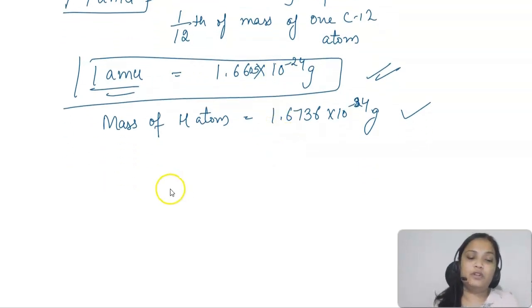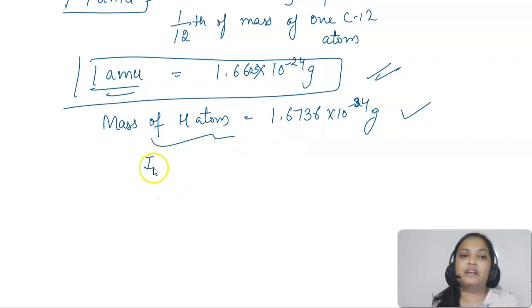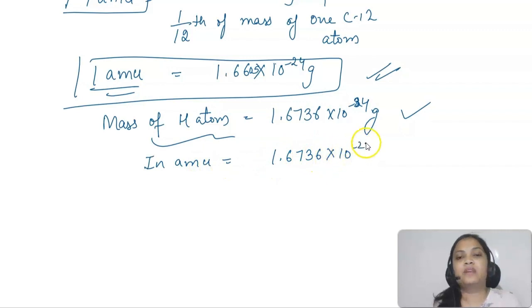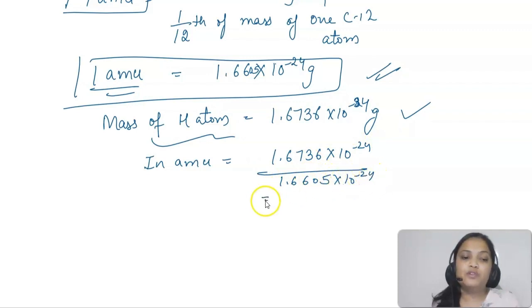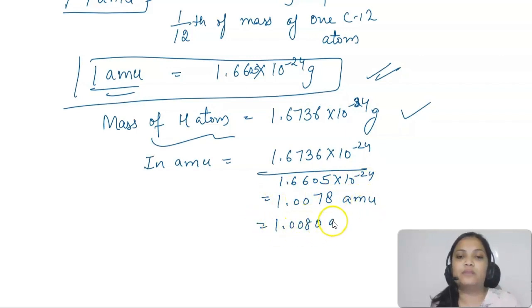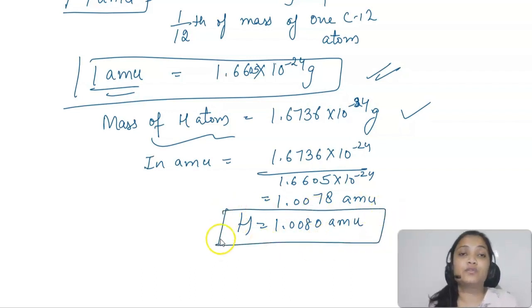So let's see what will happen. If I want to calculate the mass of a hydrogen atom in atomic mass units, I will divide 1.6736 by the value of 1 AMU, which is 1.6605 into 10 to the power minus 24. It will come out to be 1.0078, and to round it off, 1.008 AMU. So this is taken to be the mass of the hydrogen atom.